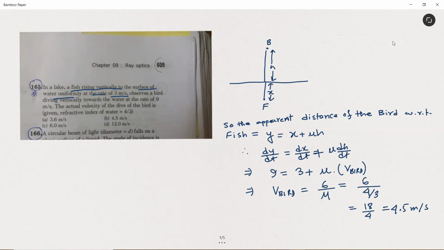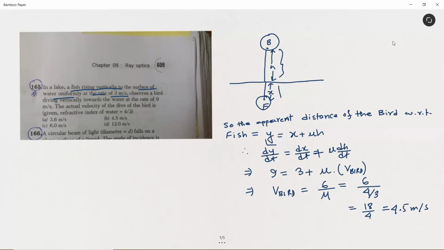Let us consider this is the ground, so the water surface. The fish is at a depth x from the surface, and the bird is actually at height h. With respect to the fish, the apparent distance of the bird from the fish will be this length, but this is not the actual length.